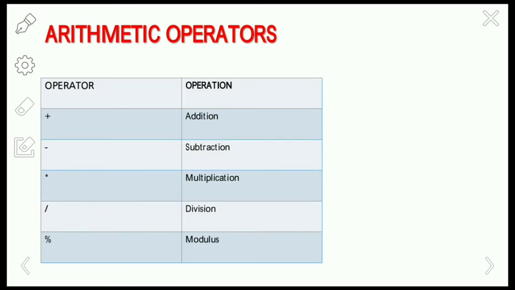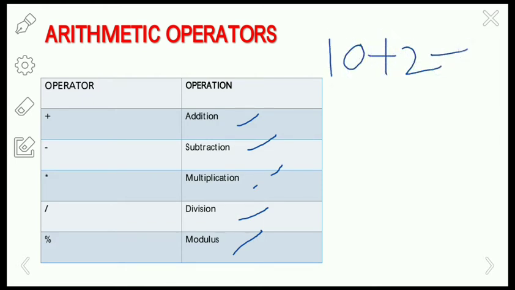First one is the arithmetic operator. With arithmetic operators we can perform mathematical calculations like addition, subtraction, multiplication, division, and modulus. Taking two operands, 10 plus 2 is 12.